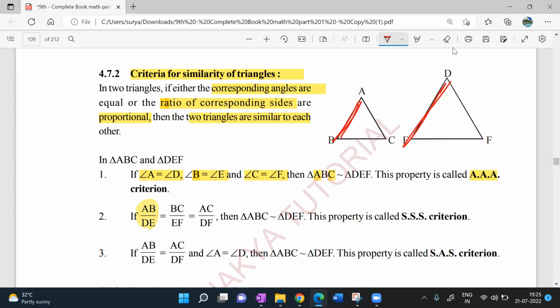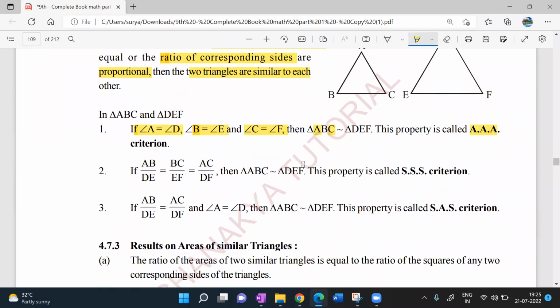This by this ratio and this by this ratio has to be proportional. All the ratios should be equal, this ratio, this ratio, this ratio, everything. Then it will be the triple S criterion. All sides are proportional to each other, right? Yes, very simple.